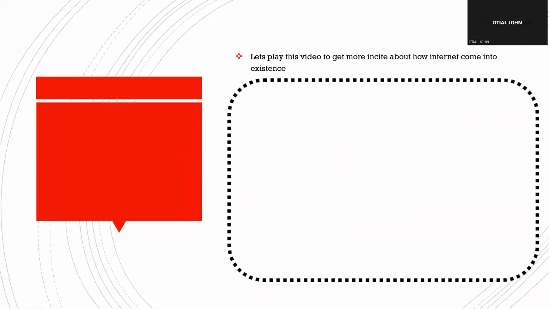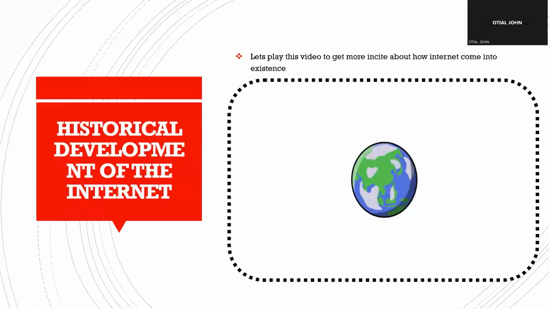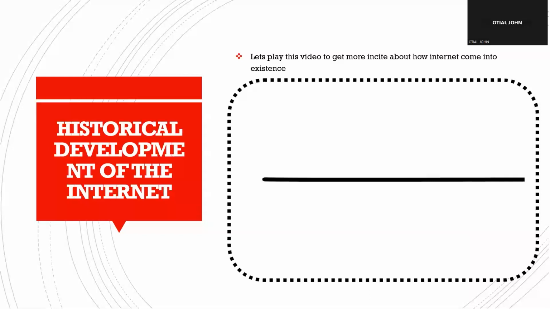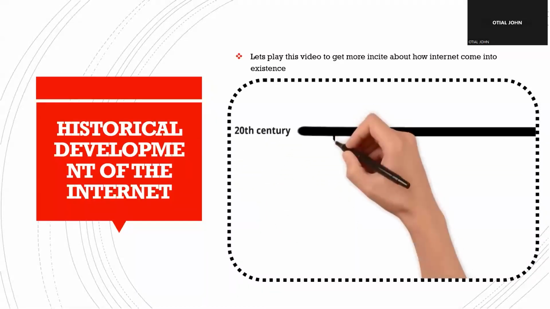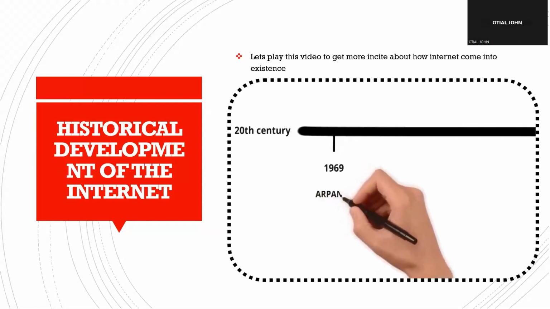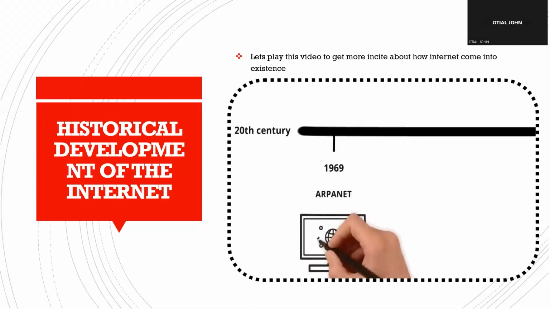So after we have defined that, we want to know what we call the historical development of the internet.